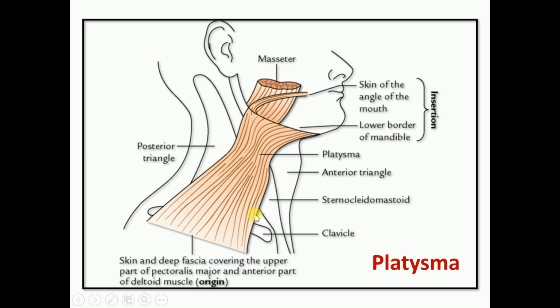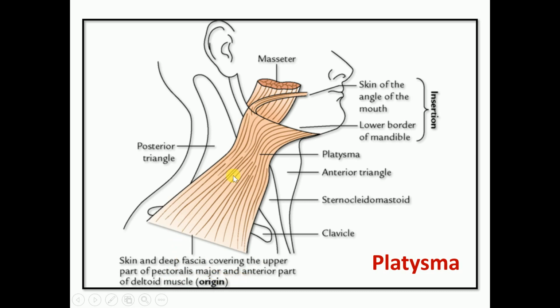Apart from that, the amount of subcutaneous fat is more in children and women than in men. Now we discuss the platysma muscle: origin, insertion, action, and nerve supply. It arises from the lower aspect and inserts above. The platysma arises from the skin as well as the deep fascia which covers the upper part of the pectoralis major muscle and also the anterior part of the deltoid muscle.